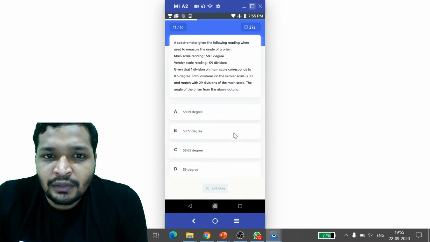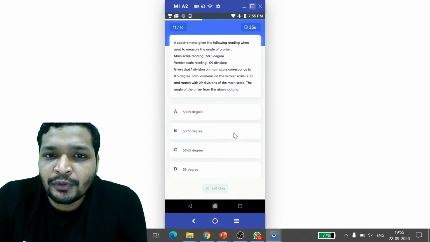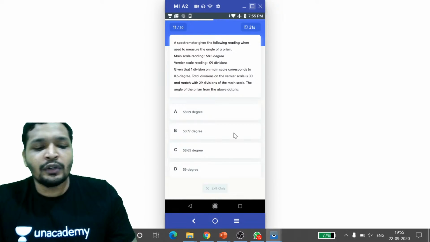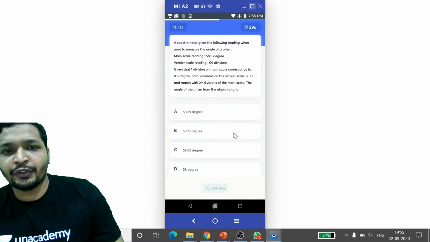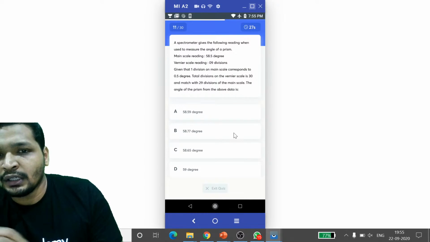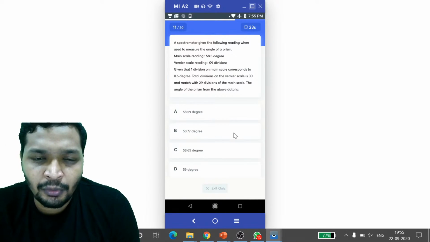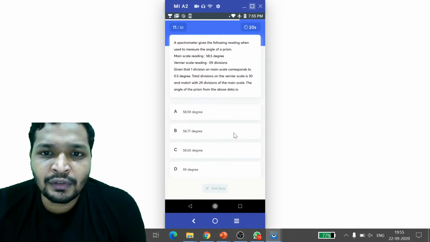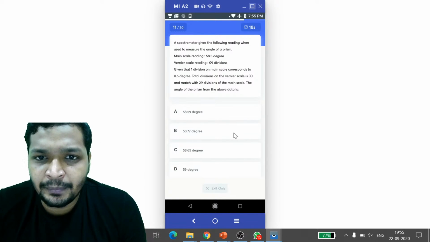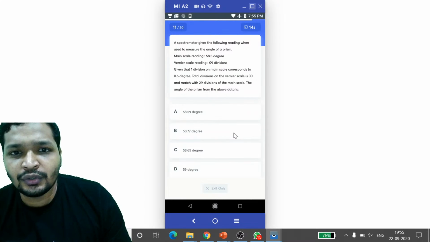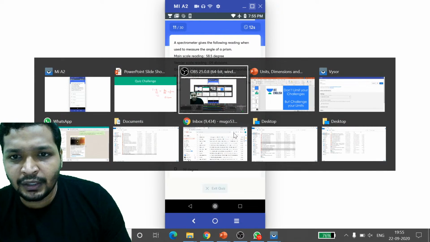And what else is given to you? Given that one division on the main scale corresponds to 0.5 degree. Total divisions on the vernier scale is 30. That matches with the 29. Okay, so it's 29 by 30, 1 minus 29 by 30. You can work it out.